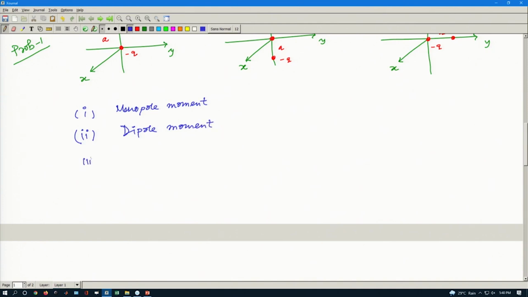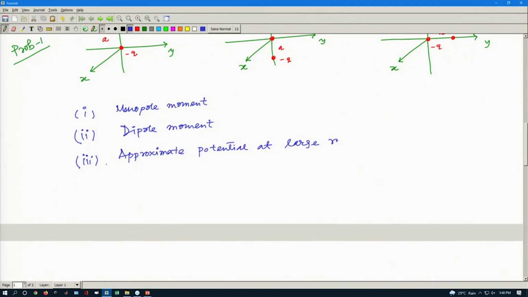And three, the approximate potential at large r, so at far distance.